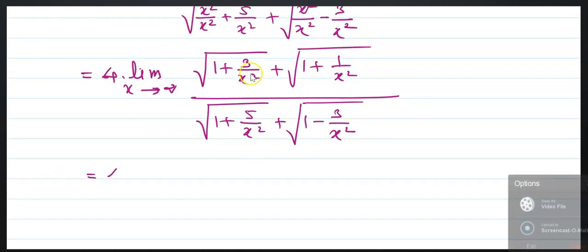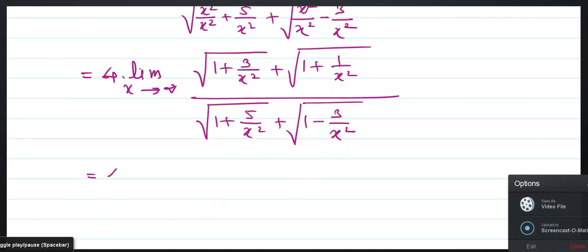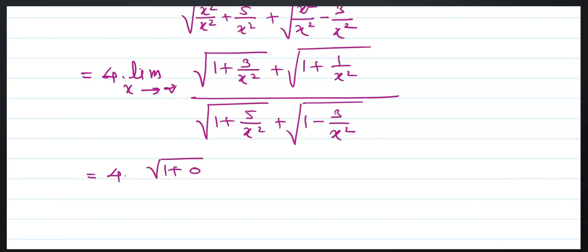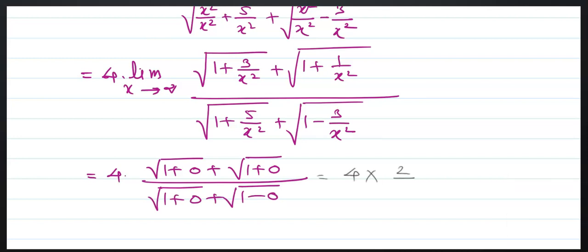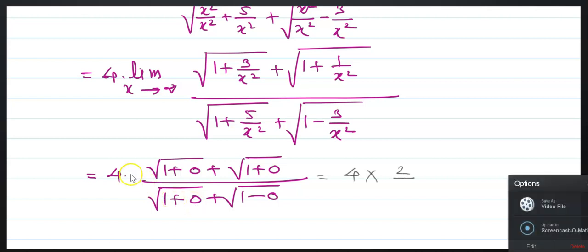Now as x tends to infinity, 3 upon x square, 1 upon x square, 5 upon x square, 3 upon x square tend to 0. Therefore 4 into root of 1 plus 0 plus root of 1 plus 0, upon root of 1 plus 0 plus root of 1 minus 0. Overall you will get 1 plus 1 is 2, and the denominator is also 1 plus 1 is 2, 2 upon 2.